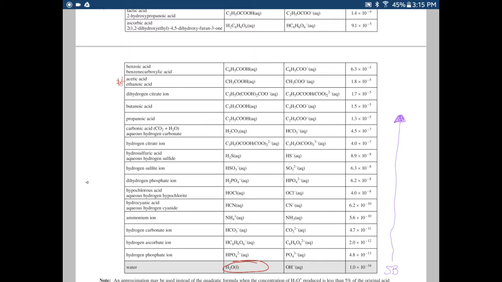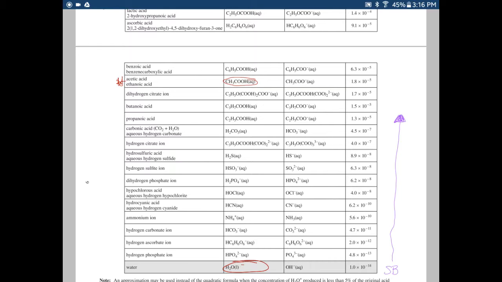Apparently I'm a little blind right now. So we have acetic acid here, and the other acid that we're dealing with is water. Now water is down here. Remember, our stronger acid is towards the top of this column. So water is our weakest acid, so therefore we're going to be dealing with acetic acid as our strongest acid.